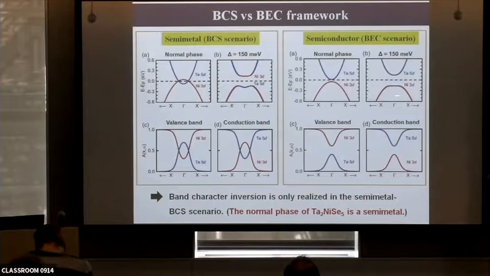When you introduce the excitonic interaction and set the order parameter as 150 meV, the renormalized band dispersion also shows the flat band near the gamma point. However, in this case, the band character inversion does not happen. So the band character inversion is only realized on the semi-metallic side. Therefore, the normal phase of tantalum nickel selenide is a semimetal.